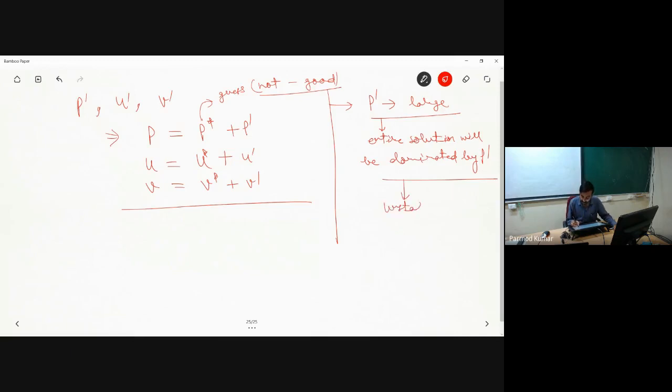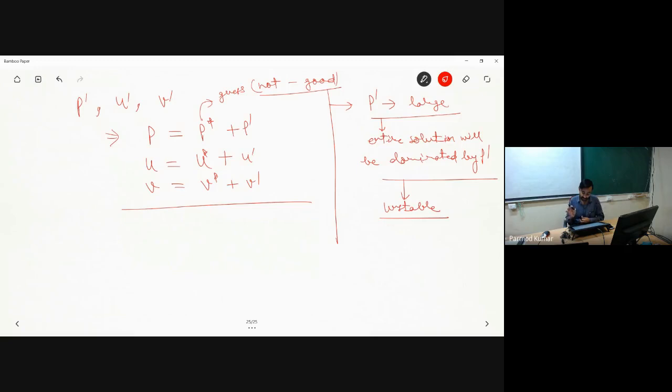Large pressure correction term sometimes may lead to oscillations in our solution. It may lead to instability. It may also happen that sometimes our solver will not converge at all. It will be diverging as we progress further with the iterations.